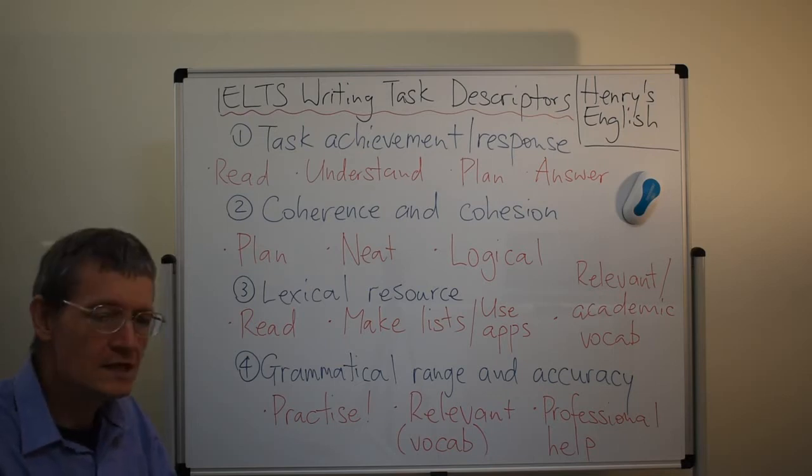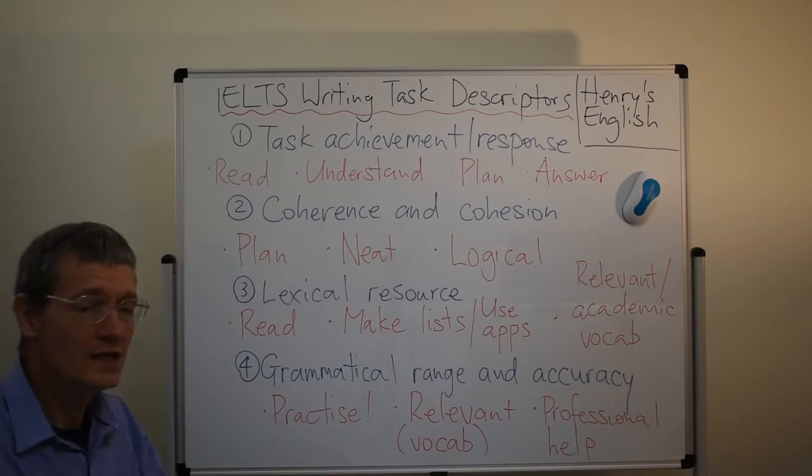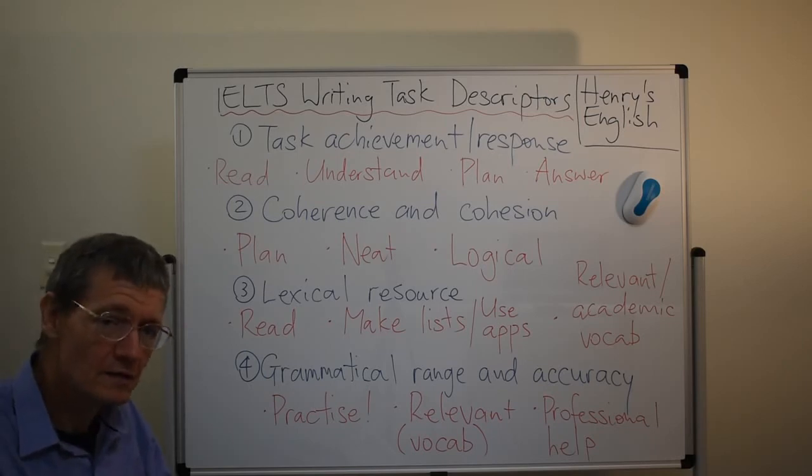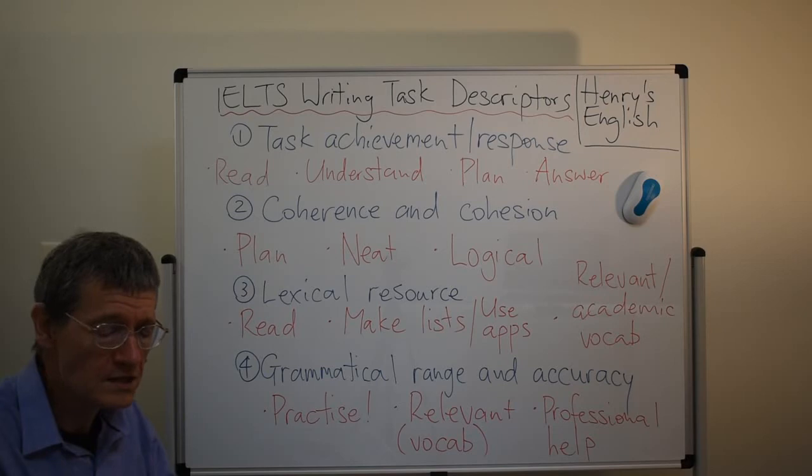So the thing is that you need to read the question very carefully. Circle the key words, circle phrases, underline phrases. Make sure you understand if there are any diagrams in the task question. For example, in writing task 1, you'll have a diagram, a graph.